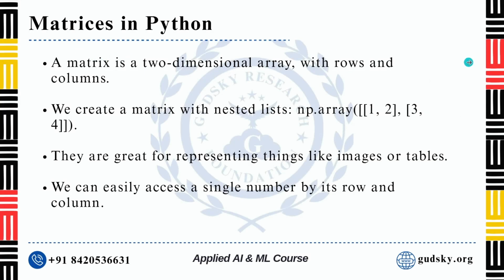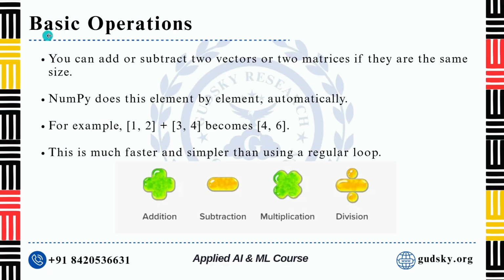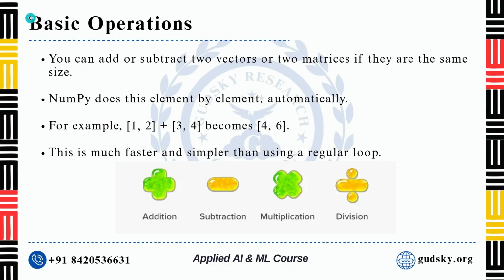After understanding what matrices are, let's move forward. Now it's time for some basic operations. One of the simplest and most common operations is addition or subtraction. The rule is simple. The vectors or the matrices must be exactly the same size.